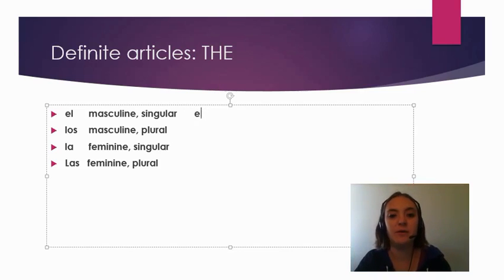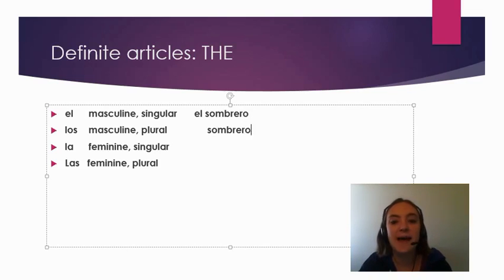This will become el sombrero for the hat. If you wanted to make it hats plural, remember, to make hat plural, we're just going to add an S, become sombreros. But we also have to change the word for the, and this becomes los. So el will actually change to los.